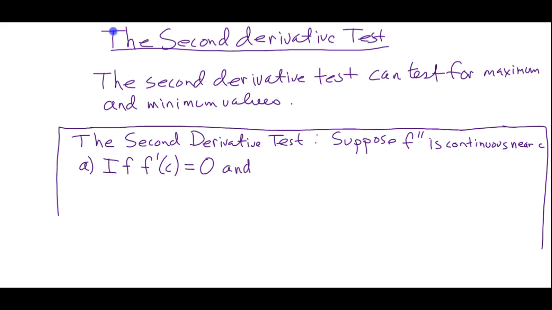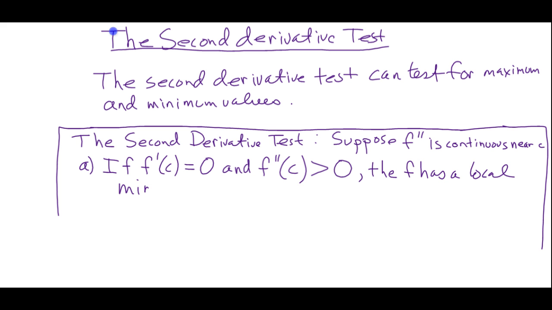And if you evaluate the second derivative at that value and it's greater than 0, then it's concave up, which means at that value we must have a minimum. So f has a local minimum at c.